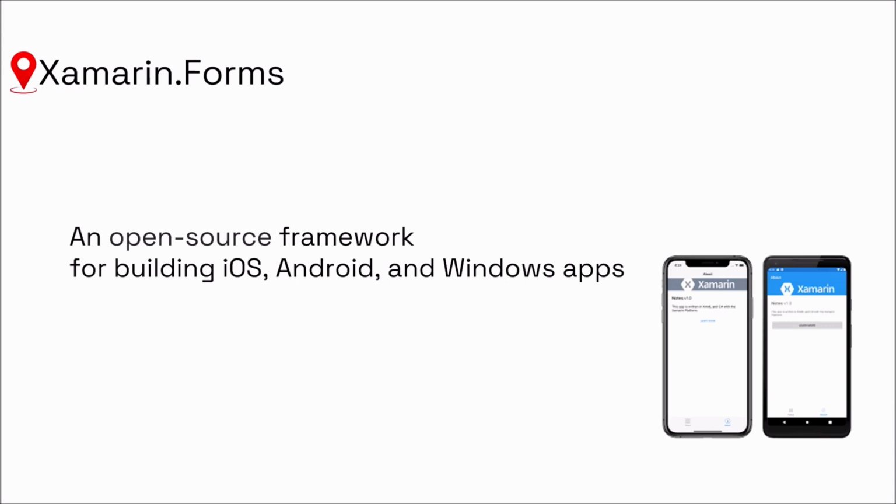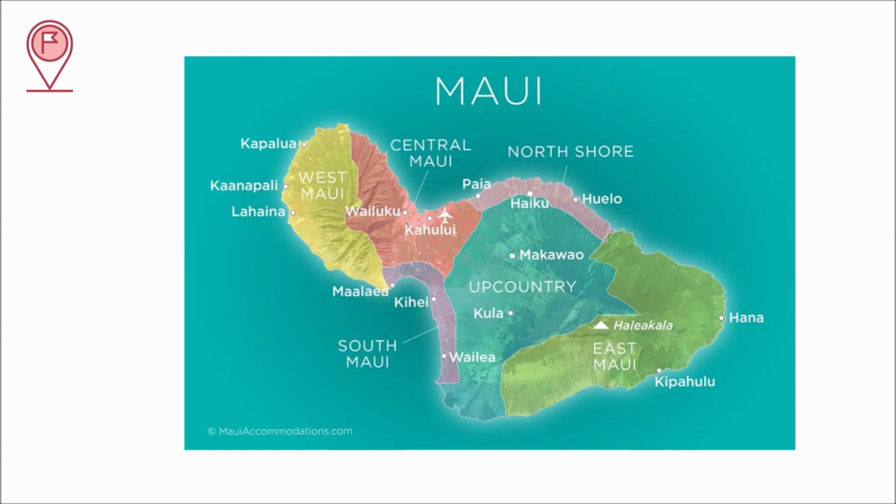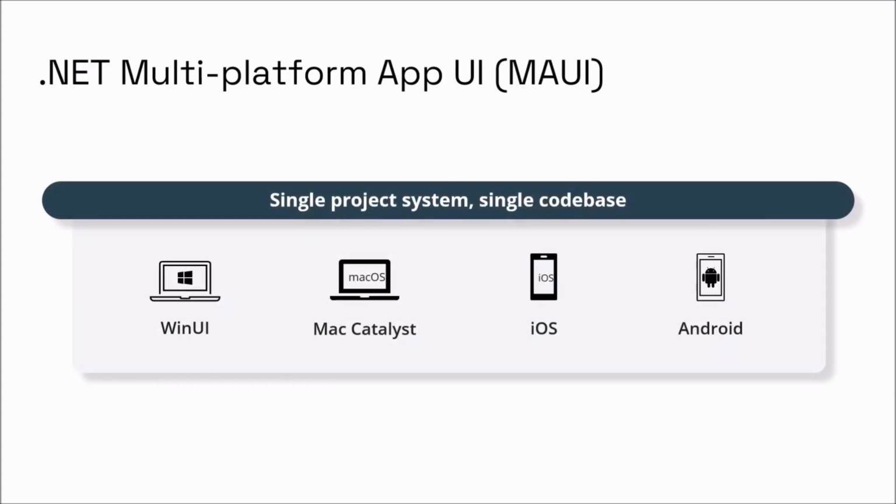And our final destination today is MAUI, which is not only the second biggest island from Hawaii, but it's actually an acronym that stands for .NET Multi-platform App UI.